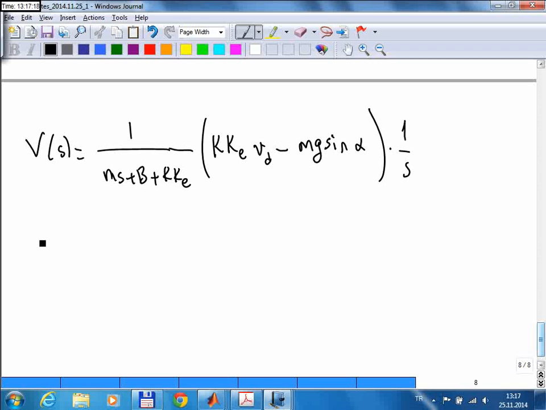So from here we can see the actual steady state speed of the car when there's also disturbance will be given by, so let me just write the end result after all the simplifications.